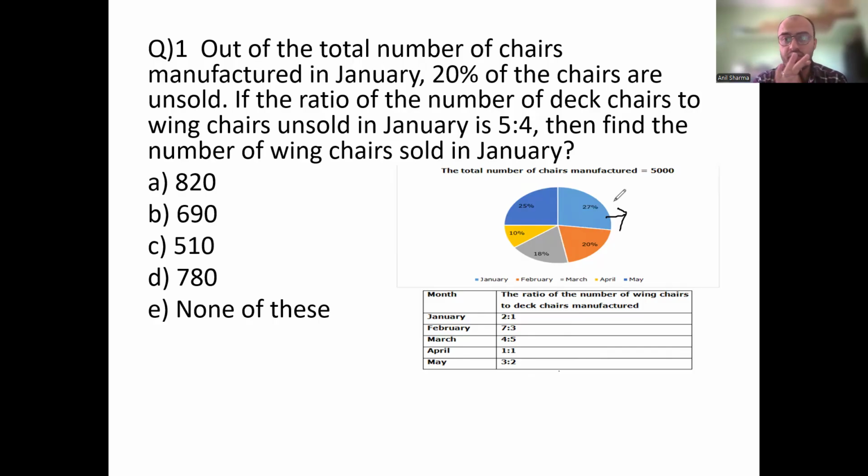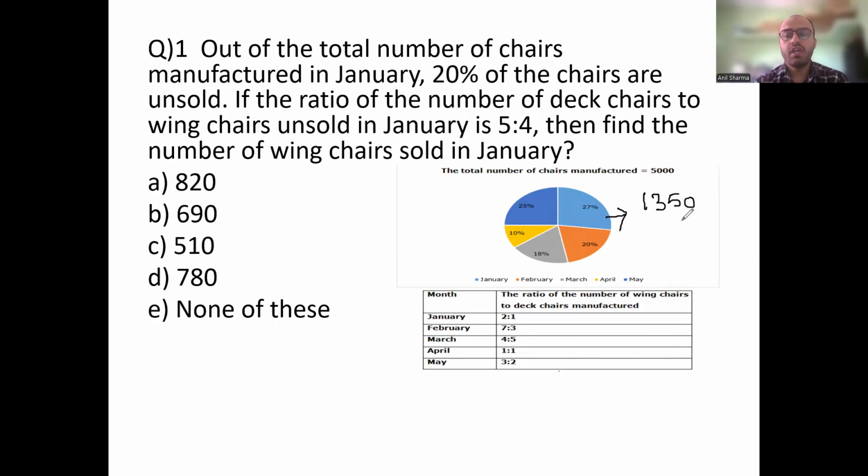So please revise all those concepts before we solve the DI question. So 27 percentage of 5,000 we need to calculate. You know, 27 into 5 is 135, so it is 1350 directly. There is no need to do the calculation as we were doing in the school days. Here we have to be very quick.